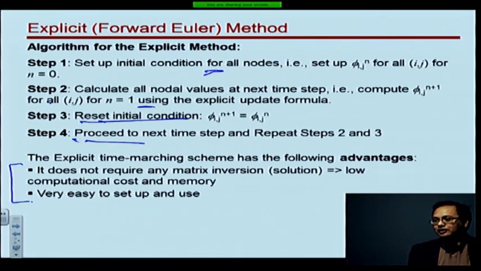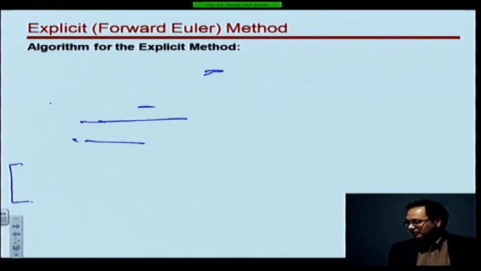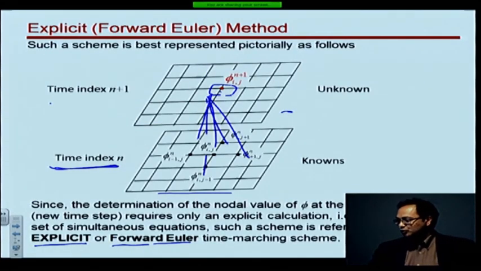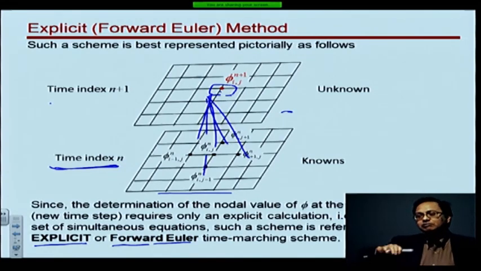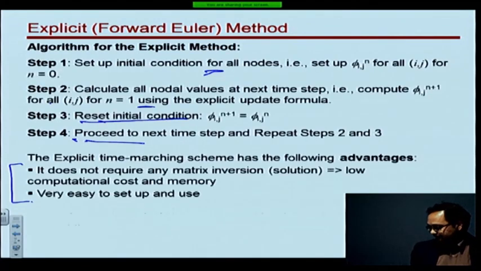But this one doesn't require any matrix inversion, which is kind of unique. If you think about it, I'm starting with an old solution, I keep time marching, and then I get to steady state. I didn't have to invert any matrix, nothing. So it's kind of nice in that regard.